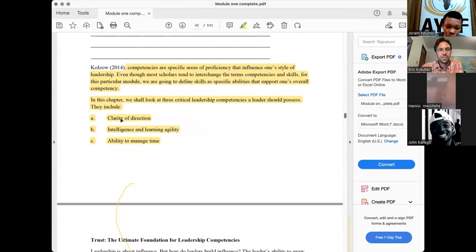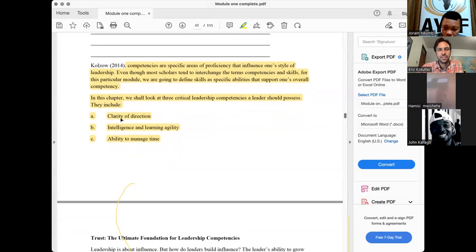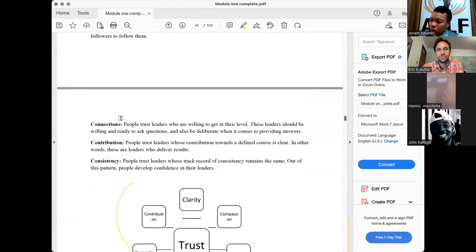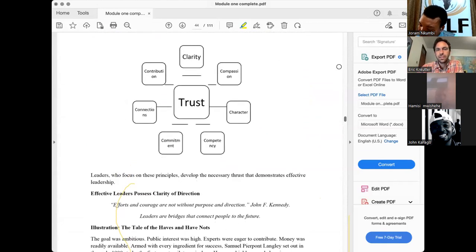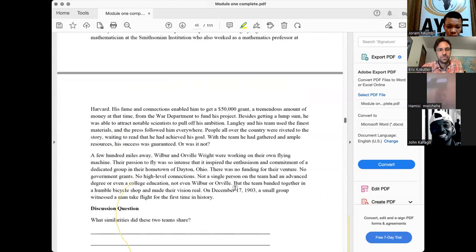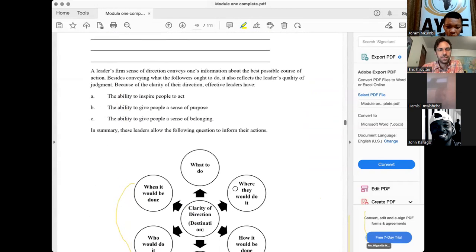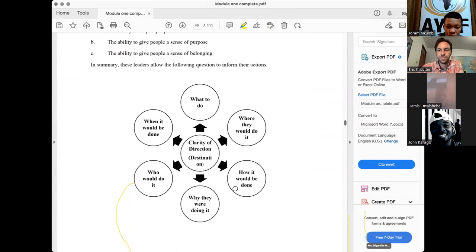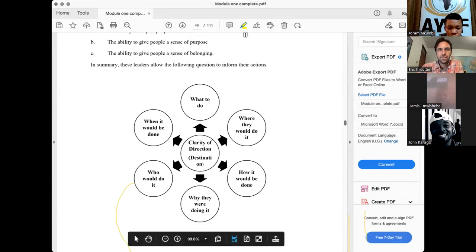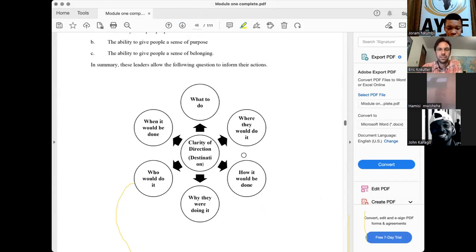So the first one we look at is clarity of direction. I'm going to skip down here because I think this is the important part of the lesson. Clarity of direction really begins with who you are.